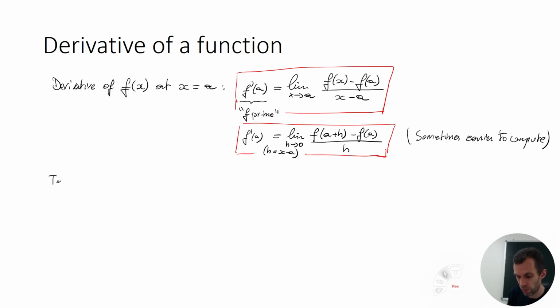And a little bit of terminology. If f prime of a exists, and here in both cases it's important that the limit should exist.